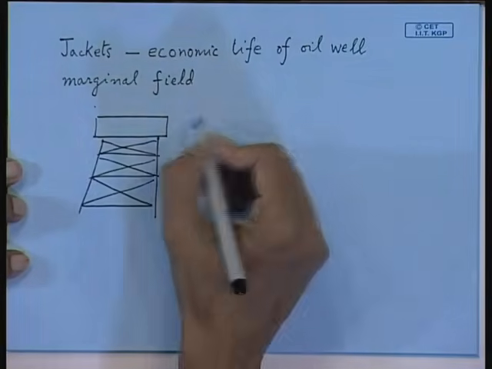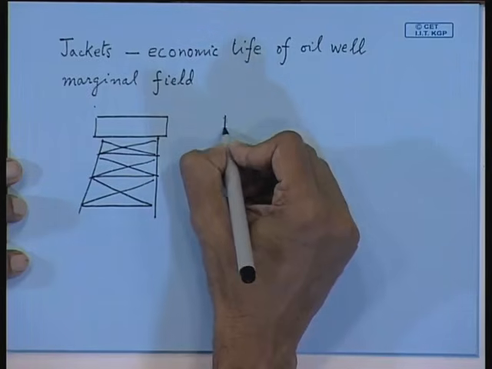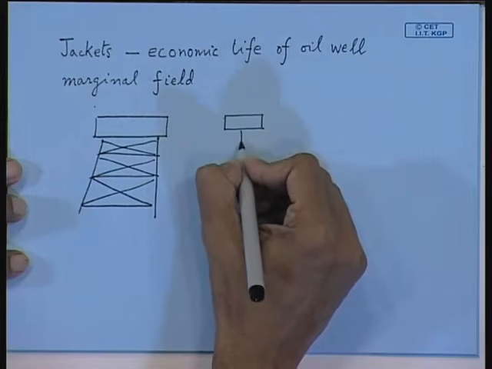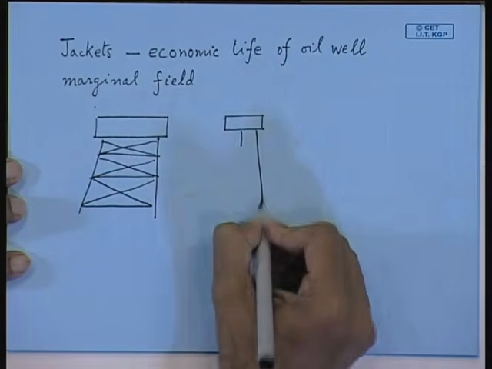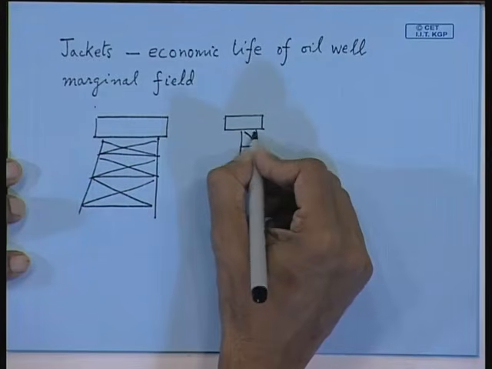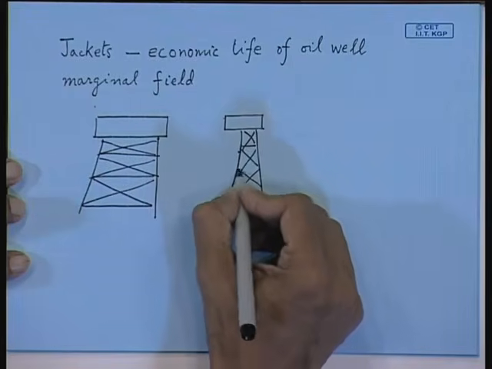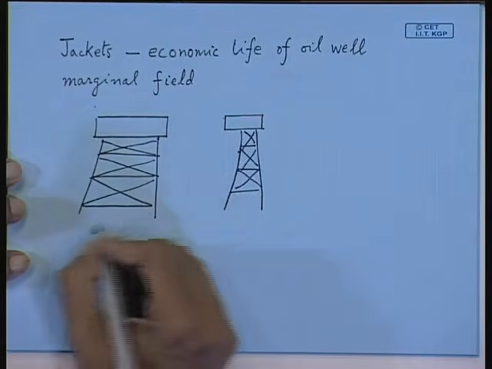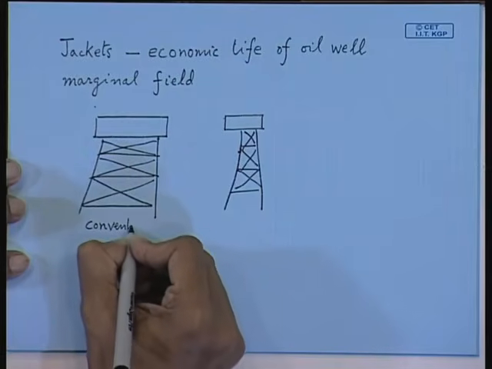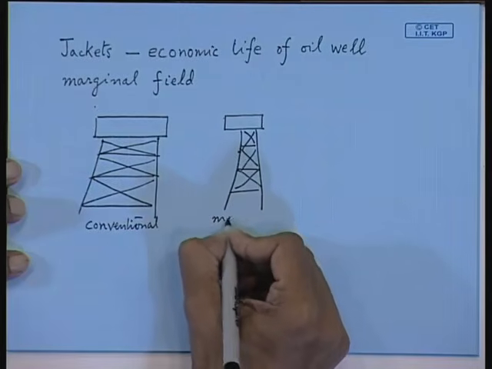Now, marginal field, sometimes they do not go for all these large structures, they have a smaller platform. So, you can have smaller platforms like this. So, this is conventional, and this is marginal field.